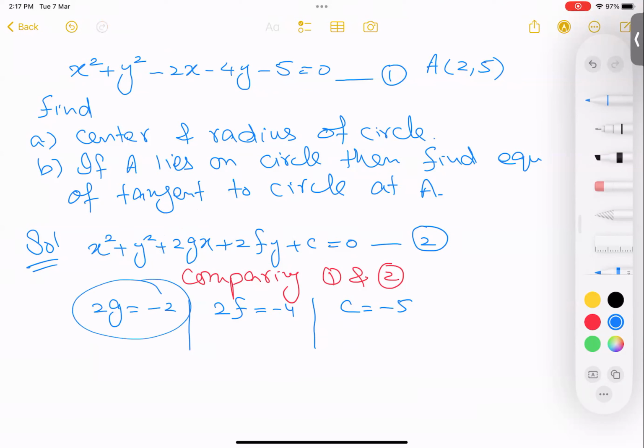I got this relationship. So this 2f and this -4 are equal to each other. I believe you got the idea. And same way, c is equal to -5. So this 2 will go there, will divide, and we will get -1 here.